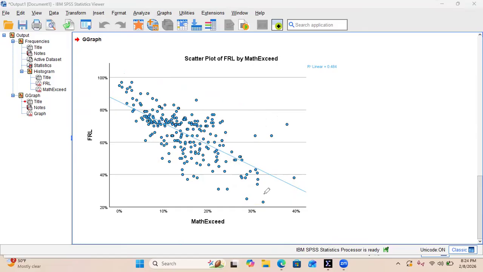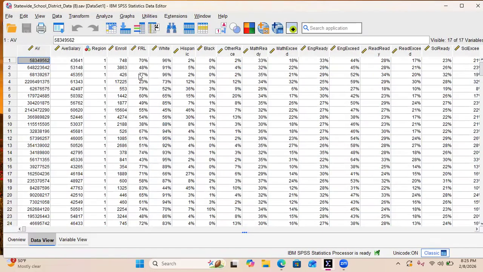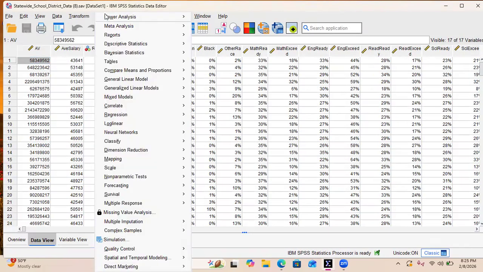But we're going to go ahead and proceed with the Pearson R to see what kind of effect that really has. So we're going to exit out of this. We're going to go back to our data, and we're going to click on Analyze and then Correlate.